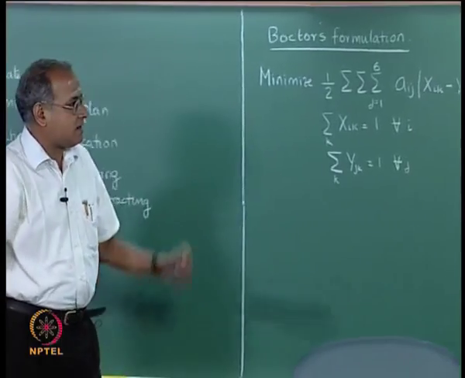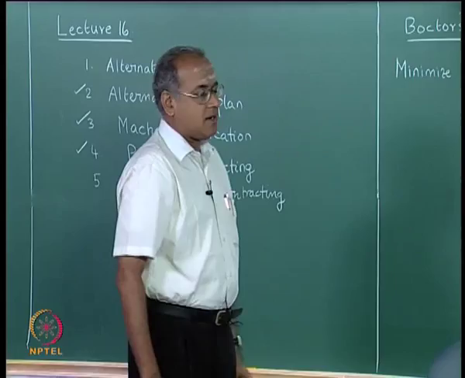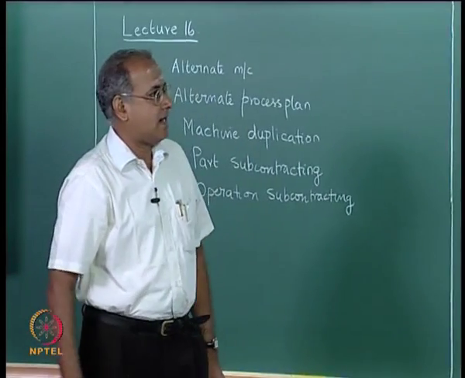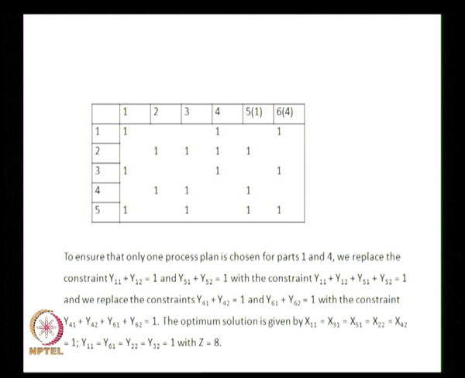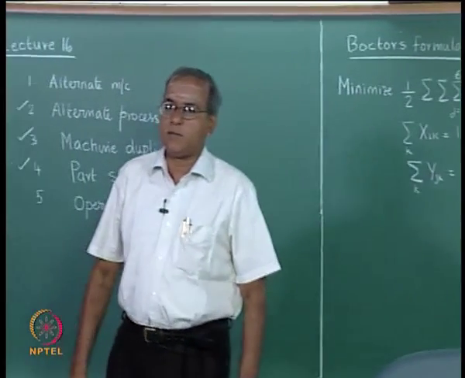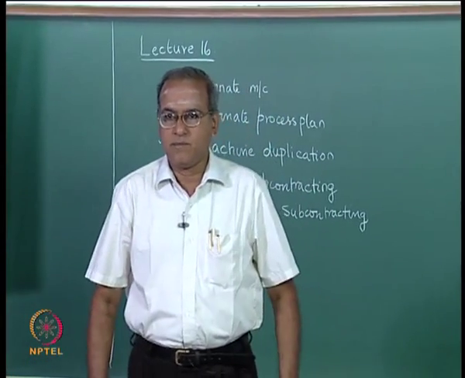Now, if we look at parts containing alternate process plans, that is part number 1 and part number 4, ordinarily this constraint for part number 1 will be y11 plus y12 equal to 1, saying that part number 1 will go to either group number 1 or group number 2.